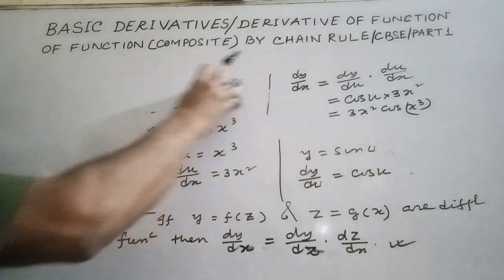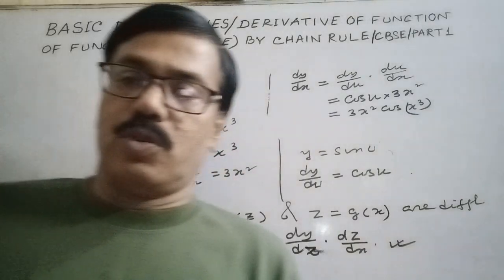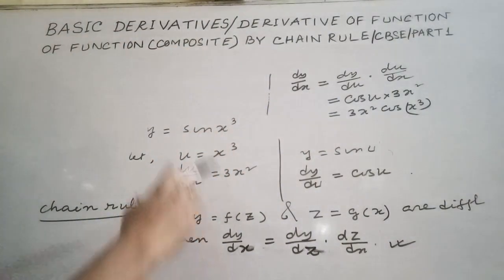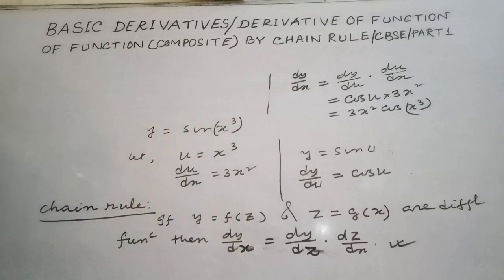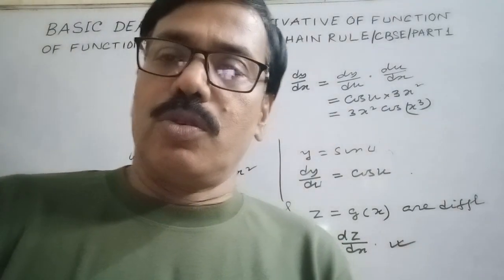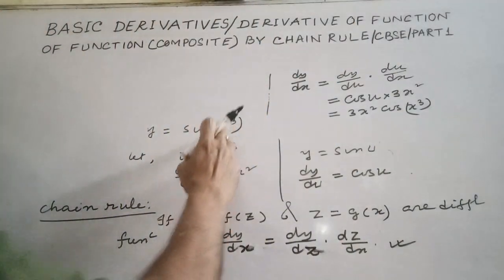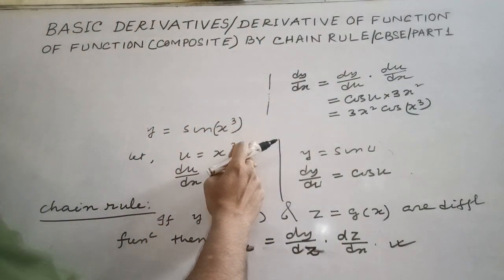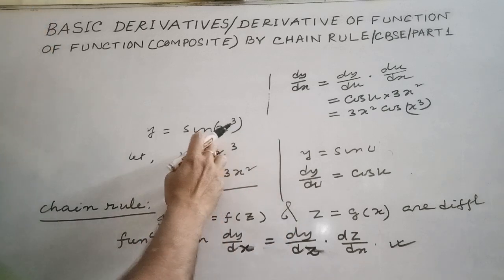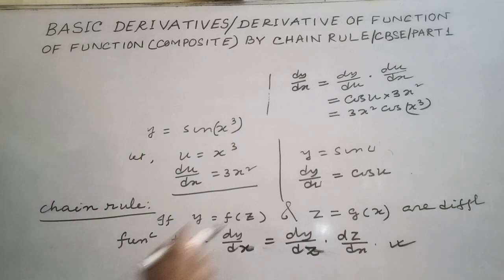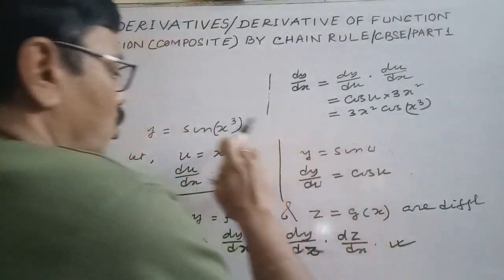So listen to it again. So y equals sine x cube. This argument is not linear. So let this equal u. U equals x cube. So du by dx equals 3x square. So this one is a known function x cube and y equals sine u.